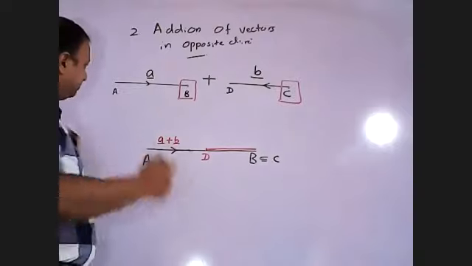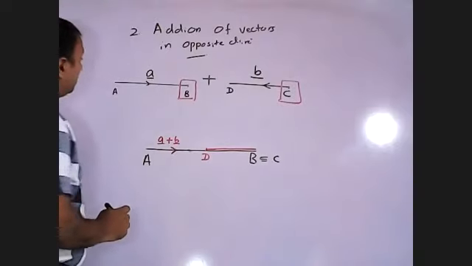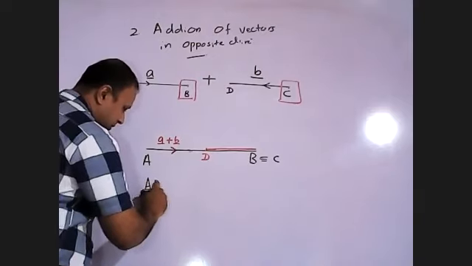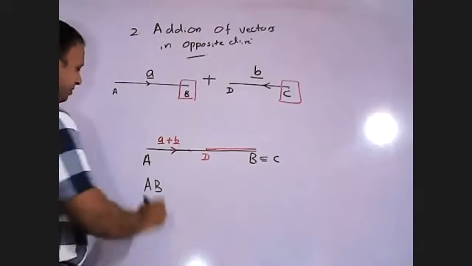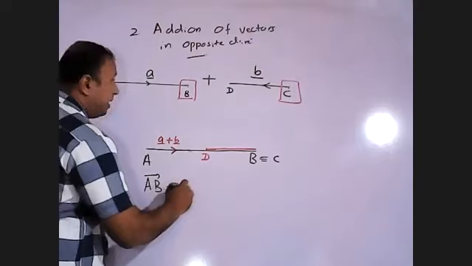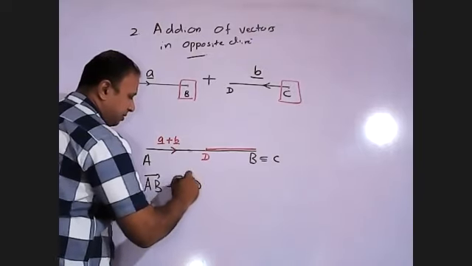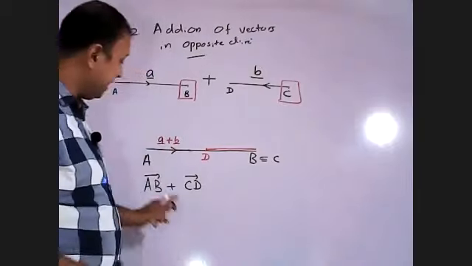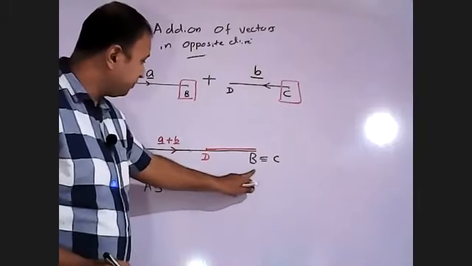Look at this. I have to add AB plus CD. Then what did I do?